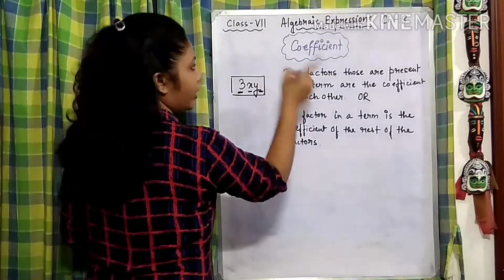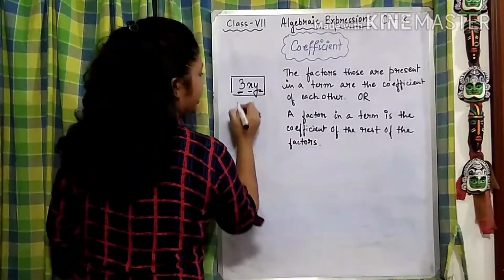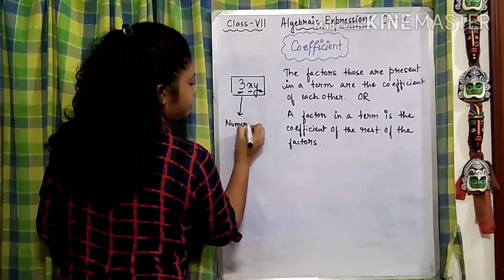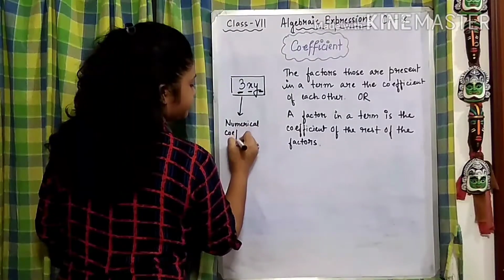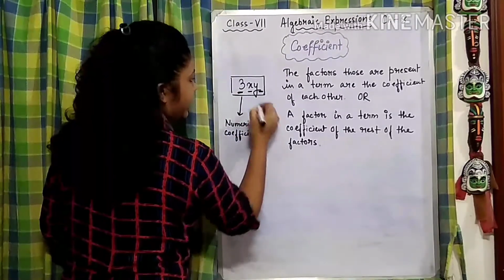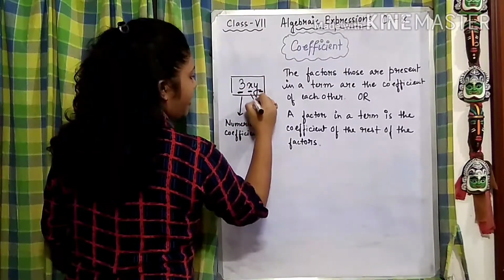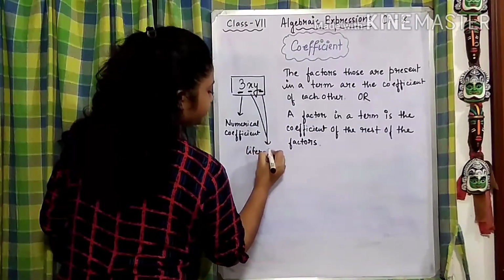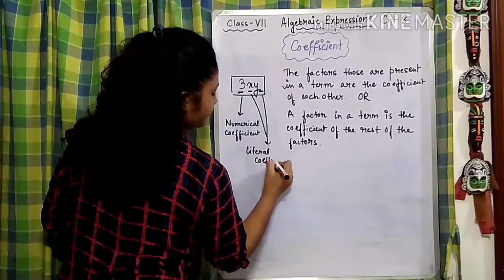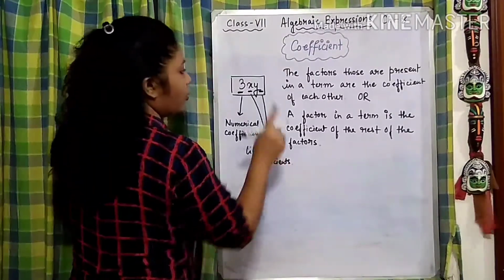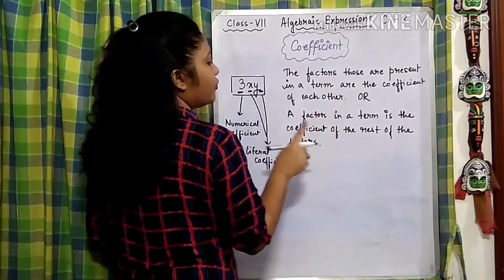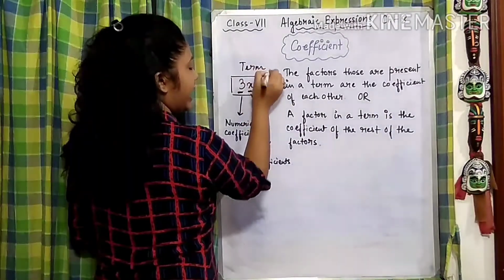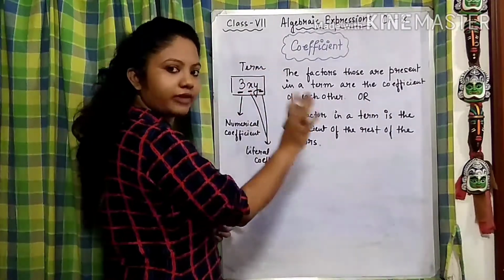Here, coefficients are basically of two types. The first one is 3, which is called a numerical coefficient, and x and y both are called literal coefficients. Now, according to the definition, a factor in a term is the coefficient of the rest of the factors. This is a term, and 3, x, y are all the factors, right?